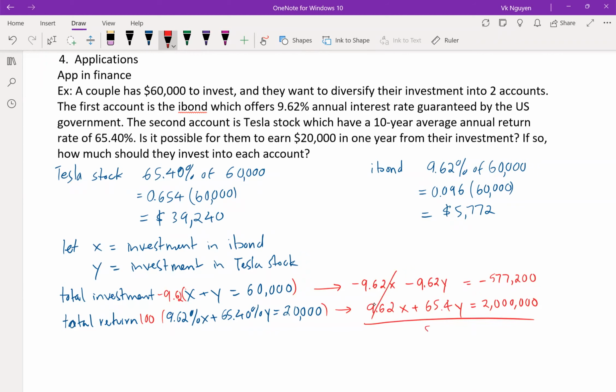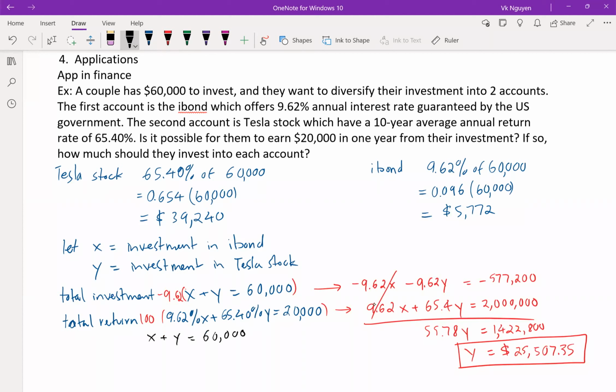We have 55.78 Y equals 1,422,800. Divide both sides by 55.78 and Y is equal to 25,507.35. So now to get X, notice that X plus Y is 60,000.